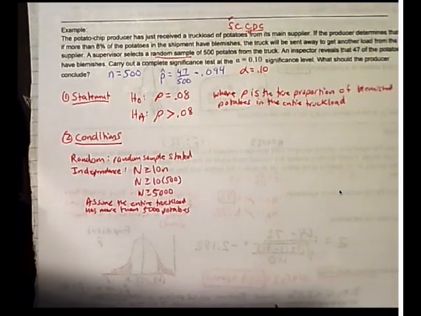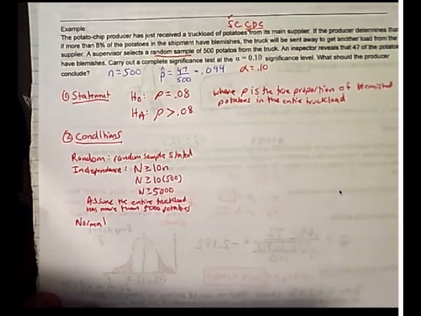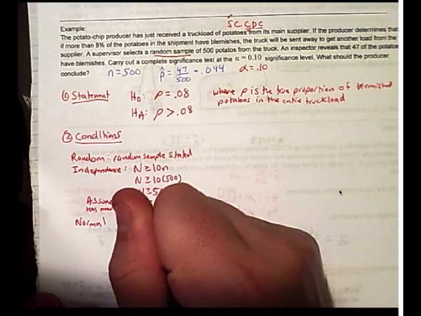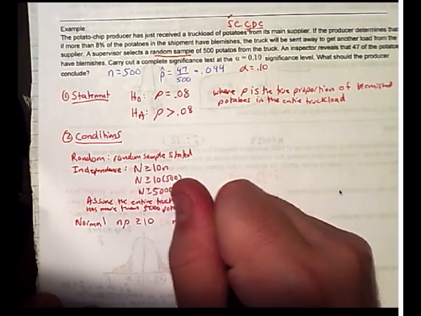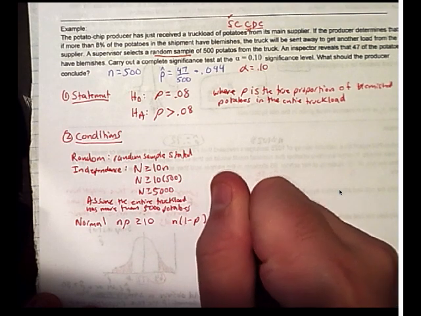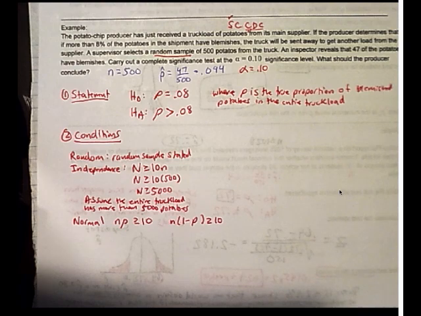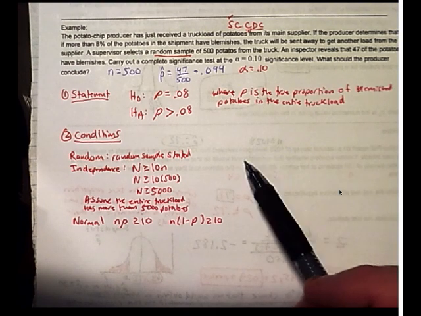All right. Now, the last one is the normal condition. With proportions, it comes down to n times p greater than or equal to 10, and n times 1 minus p greater than or equal to 10. Now, the question is, what do you use?